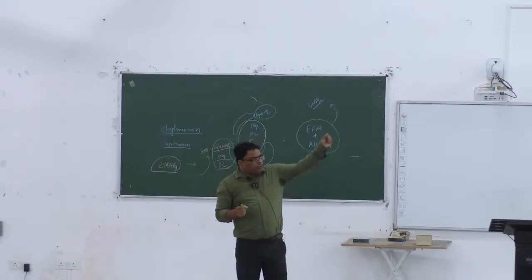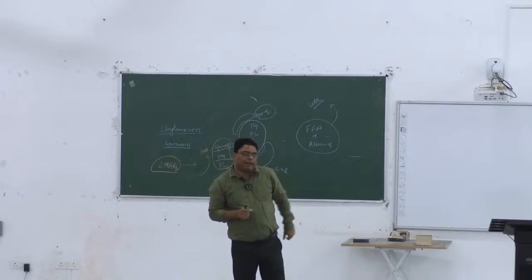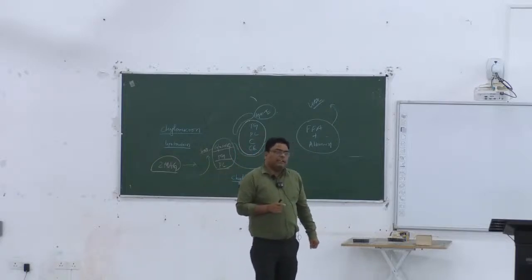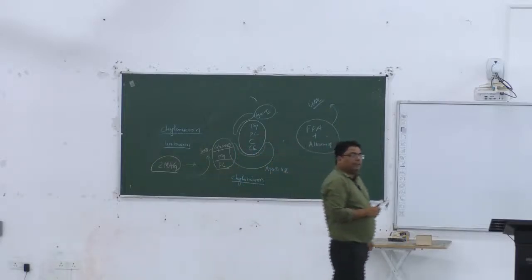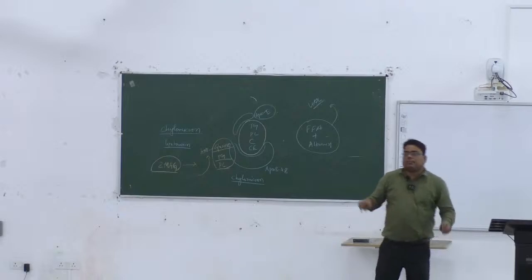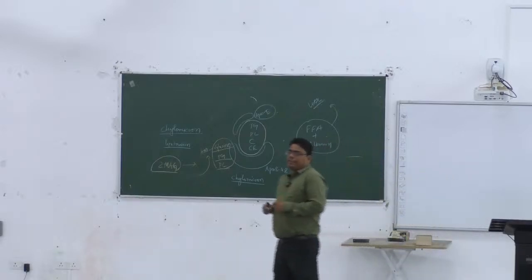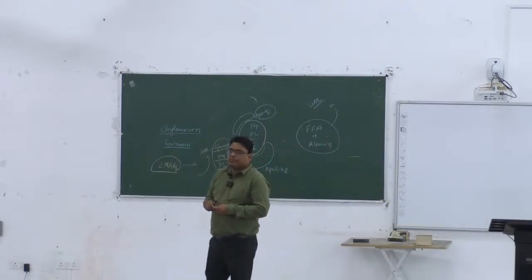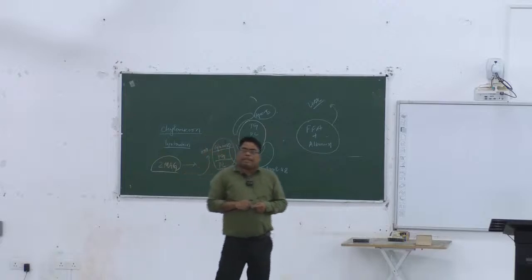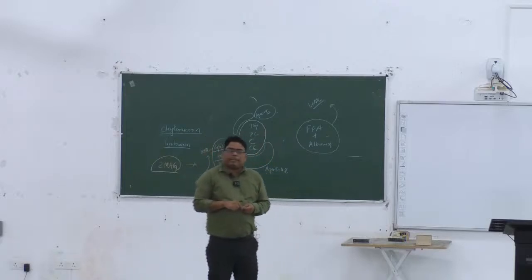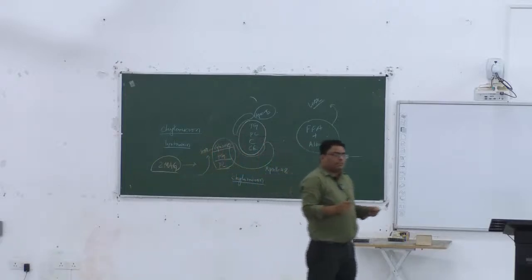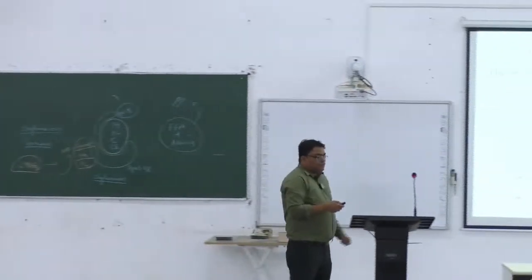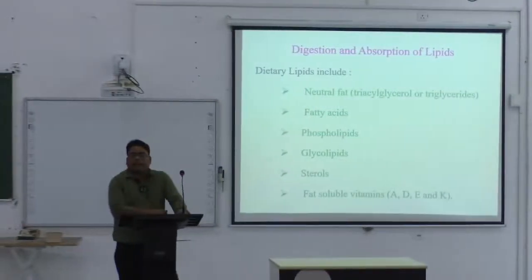Now these molecules go where? To the upper duodenum part, where the process called emulsification occurs by the presence of bile salts.